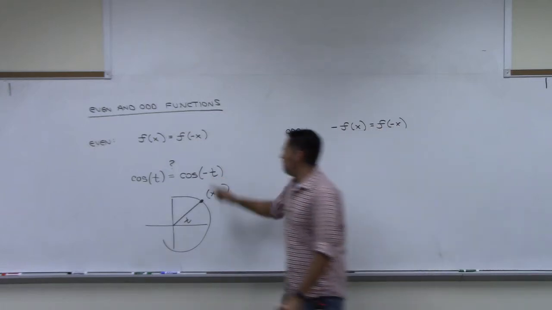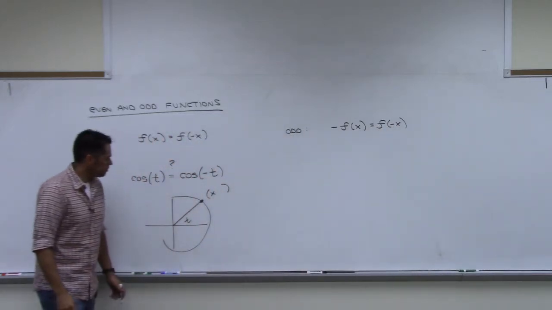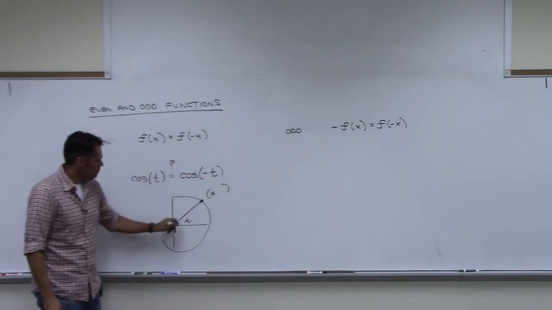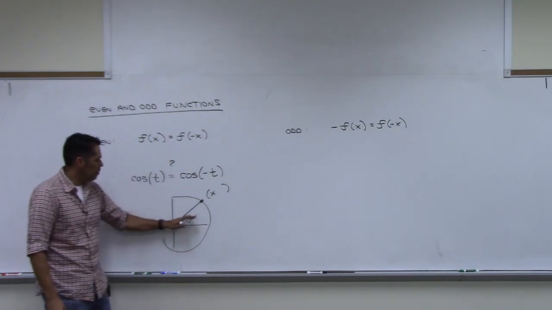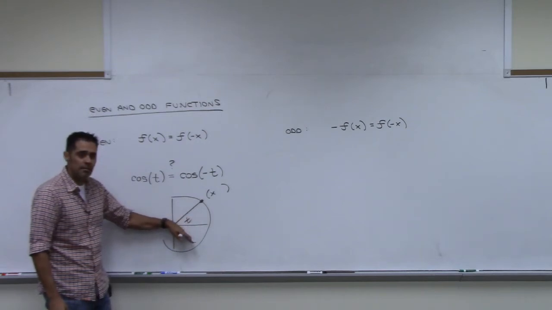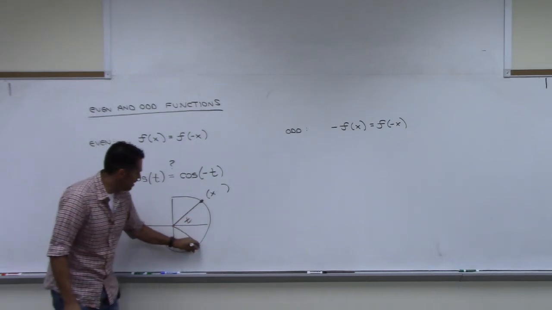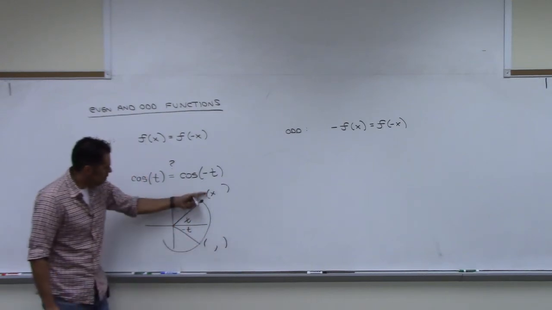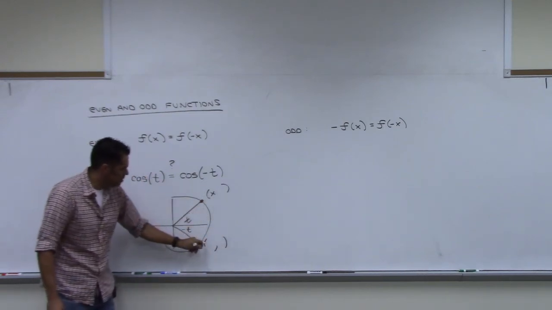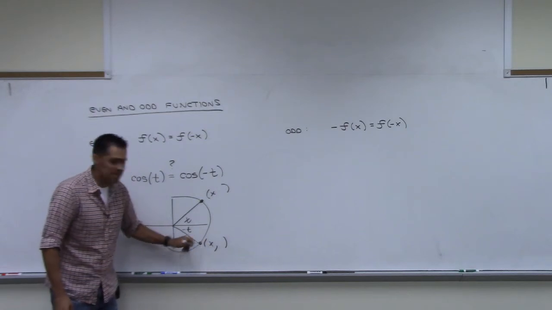What does cosine of negative t mean? This is t, right? Where's negative t? Down, right? So negative t is down here. What's the relationship between these x coordinates? Aren't they the same?